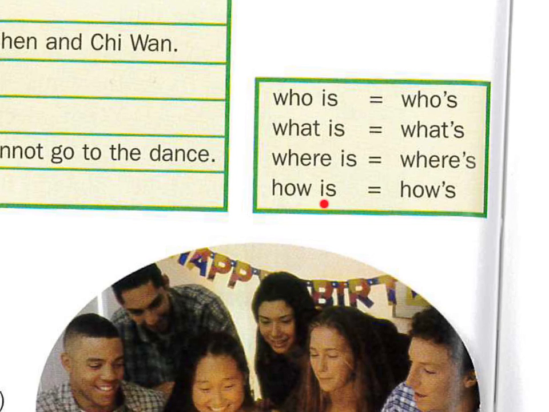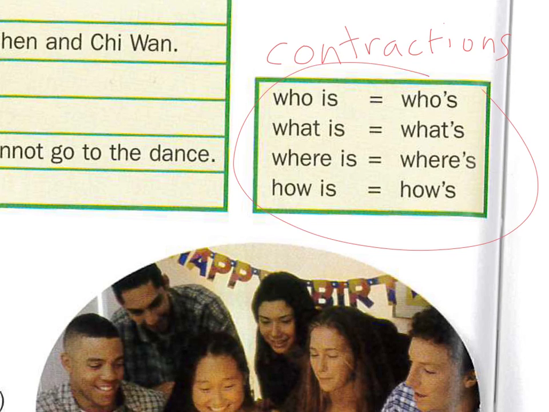How is, how's. So, these are called contractions. And when we speak, we often use contractions. As you're listening to someone speaking English to you, you will likely hear them shorten the words into contractions.